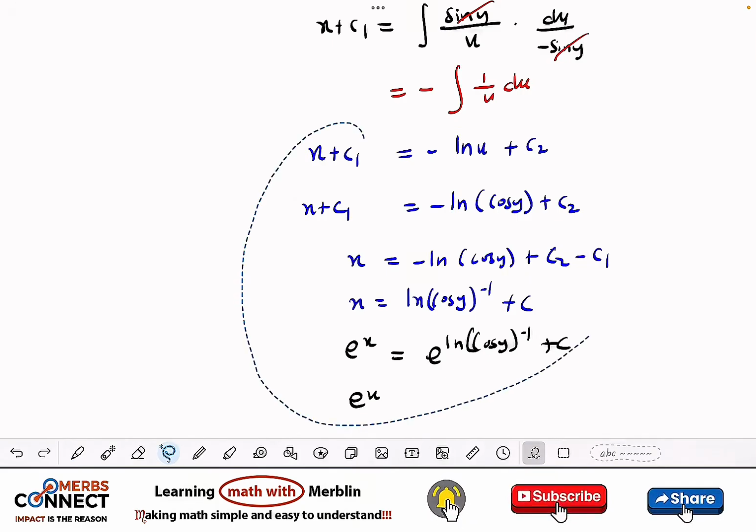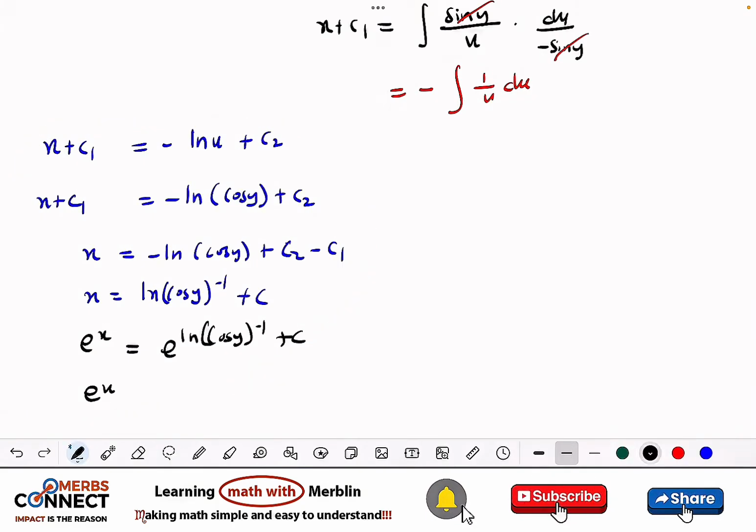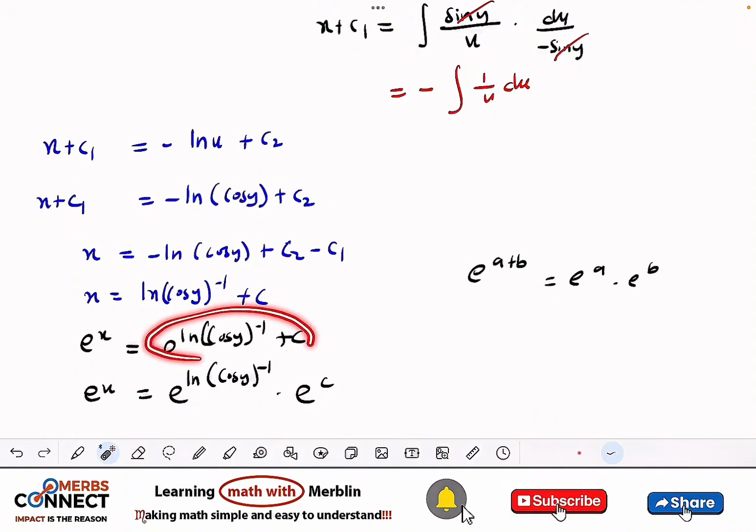Let me shift these to this side, which is equal to, now this is the same as e to the power ln cos of y to the power minus 1 times e to the power c. Remember, if the bases are the same and I have something like a plus b, this is the same as e to the power a times e to the power b. So that's what I just did here.